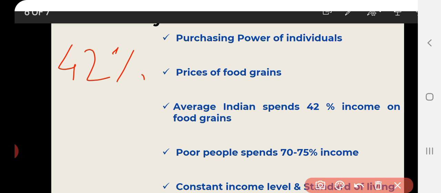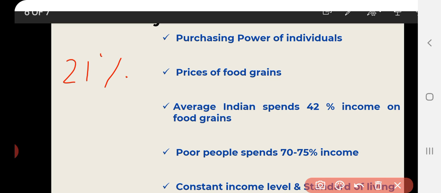Consider the span from 2005 to 2008: the prices of food grains in India increased by 21%. The wholesale price index of the essential commodities increased by 21%.